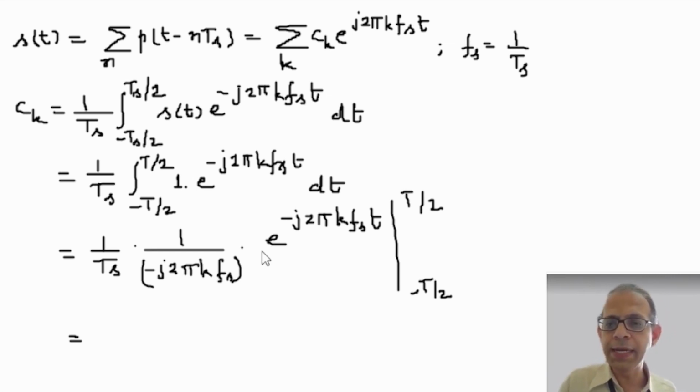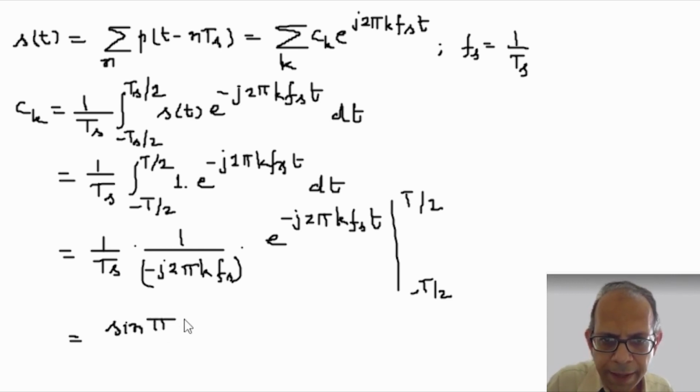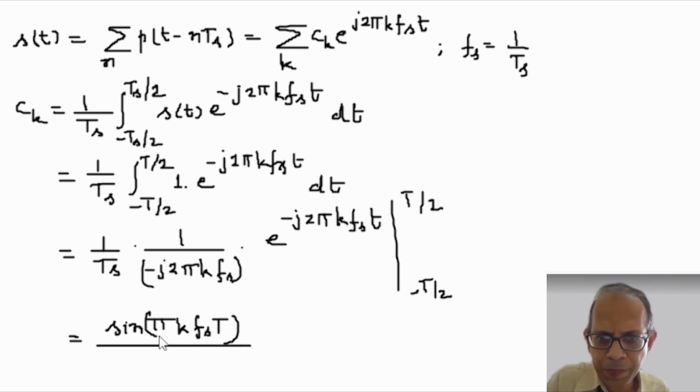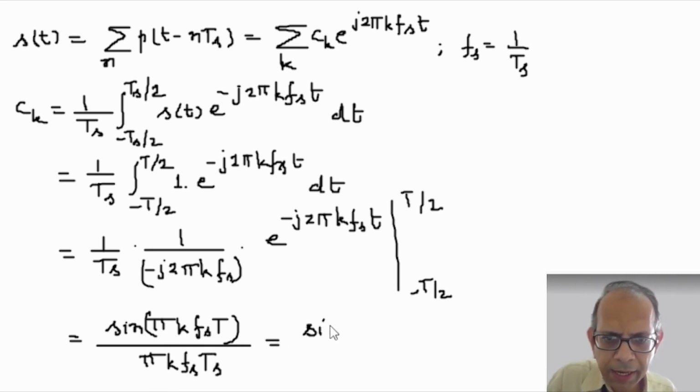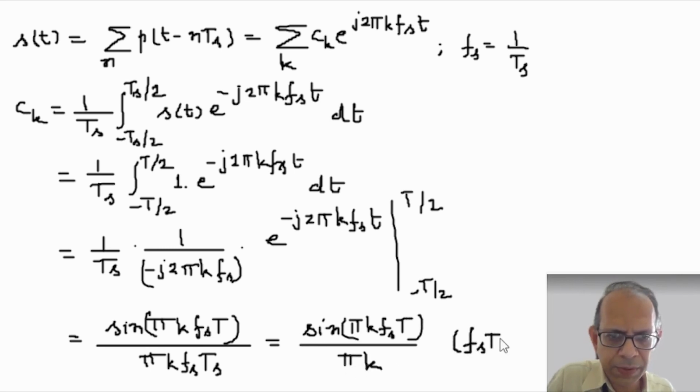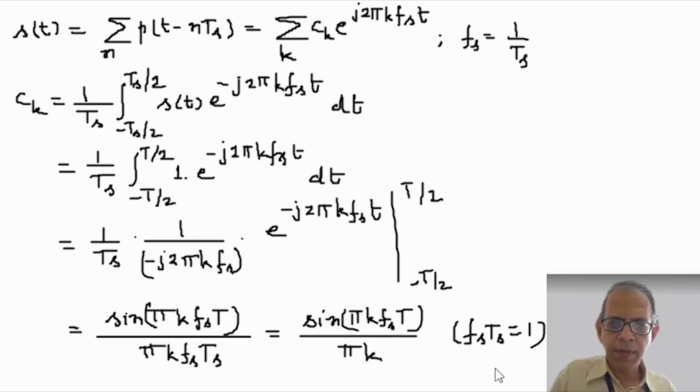When we use that identity here, we get sine(pi k fs T) divided by pi k fs ds, or this can be written as sine(pi k fs T) upon pi k, since fs into Ts is equal to 1.